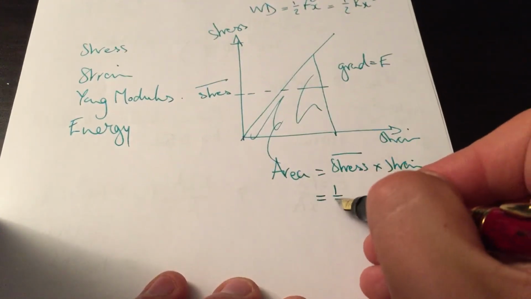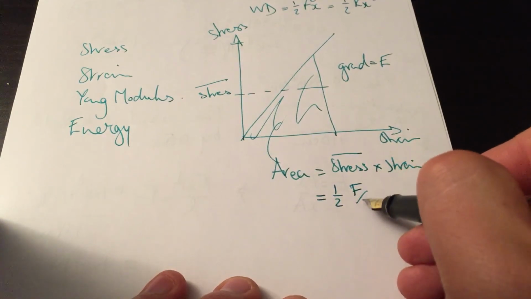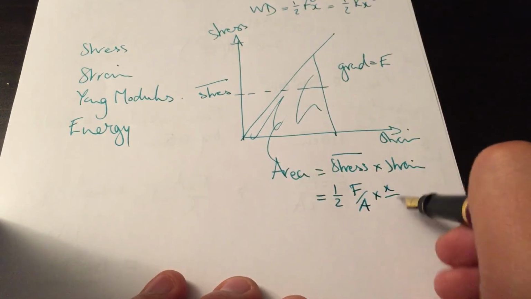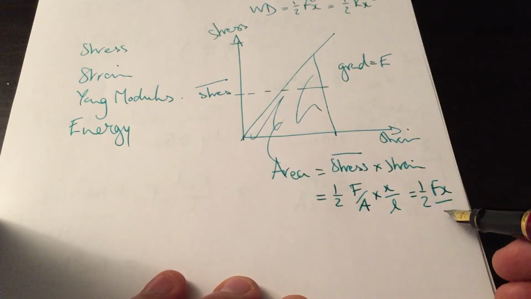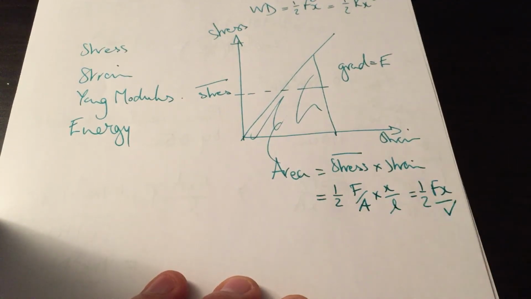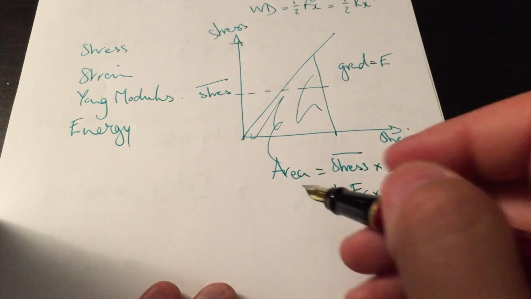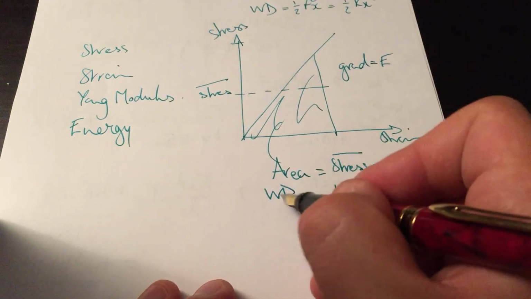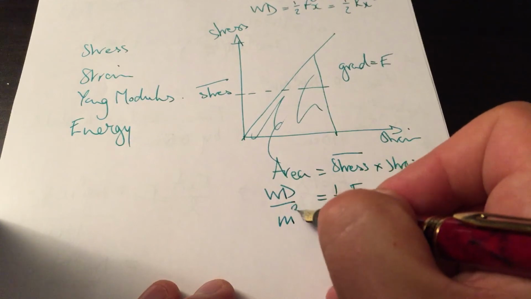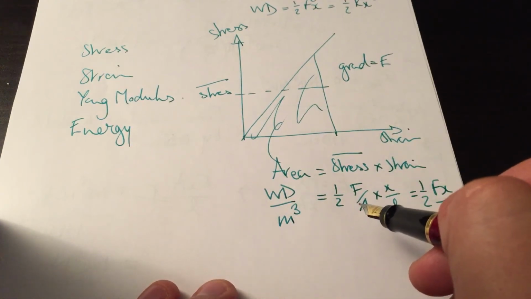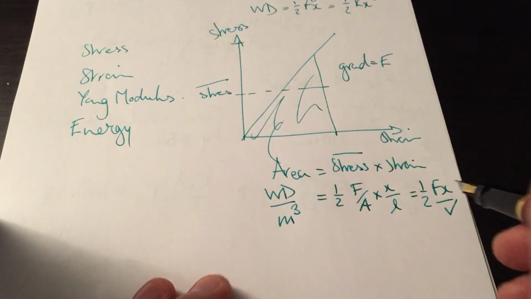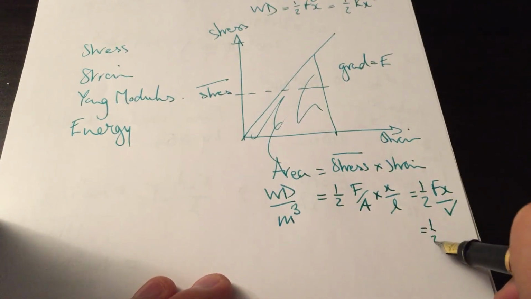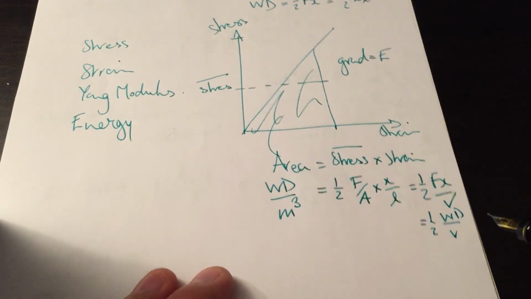So this gives us a half F over A by X over L. That's the same as a half Fx over area by volume. So this gives us the work done per unit volume is a half stress strain, because that is half work done over volume.